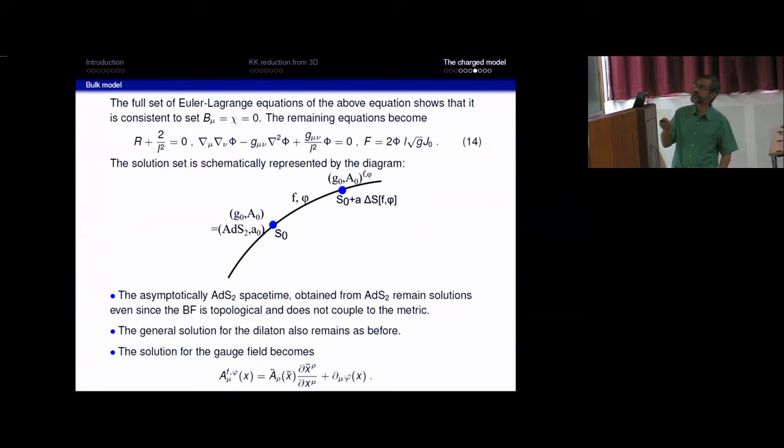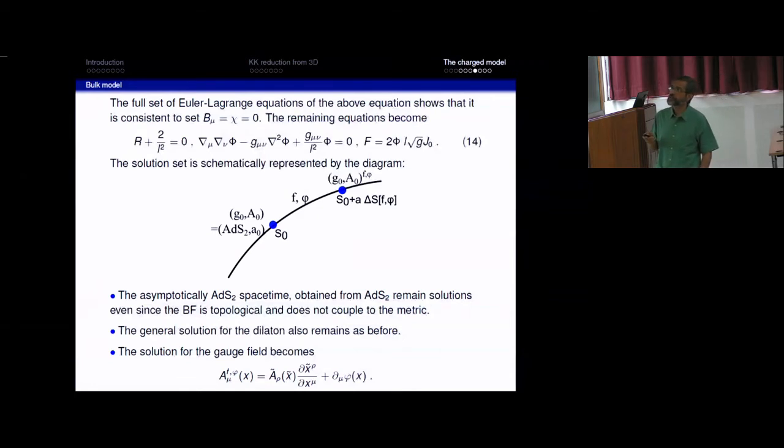So these are the Euler-Lagrange equations. You can show again that the Kaluza-Klein gauge field as well as the spin zero component of the Kaluza-Klein scalar can be put equal to 0, and the remaining equations become this. These two equations are the same as the gravity equations as before, and the field strength now has this J naught constant in it.